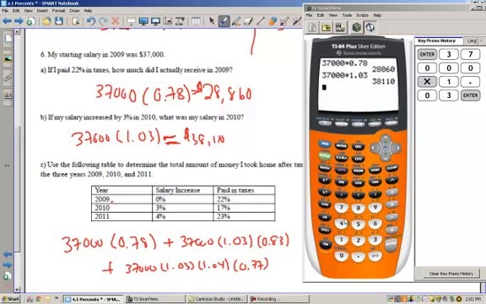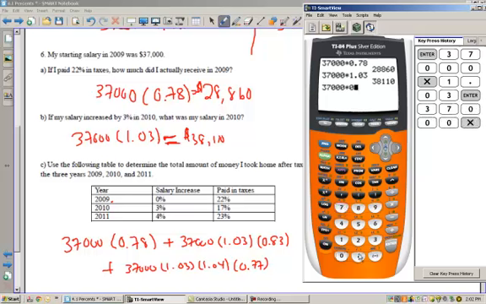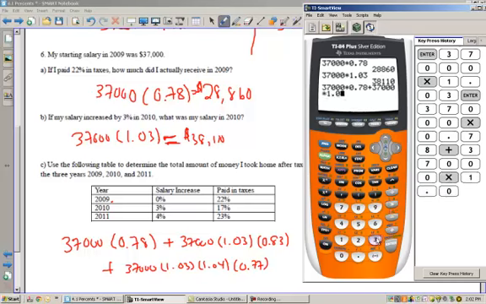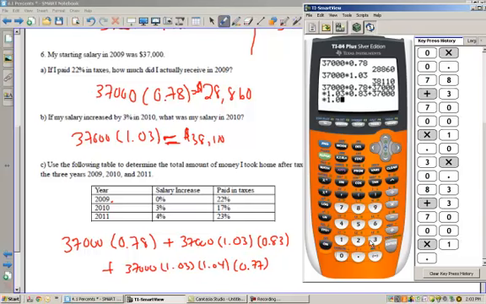And now I can do this all on my calculator. So let's do it all at once. I take 37,000 times 0.78 plus, again, 37,000 times 1.03, that's my 3% raise, then times 0.83 because I paid 17% in taxes, then plus, in 2011, I have my starting salary of 37,000, times 1.03 because I got a 3% raise in 2010, times 1.04 because I got a 4% raise in 2011, and finally times 0.77, because I had to pay 23% in taxes.